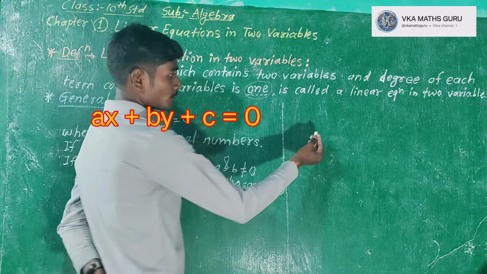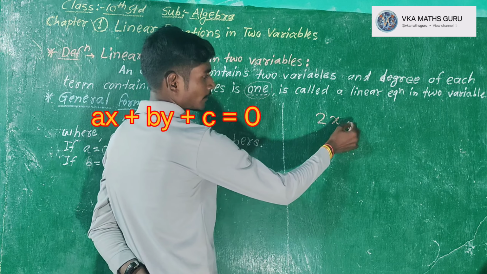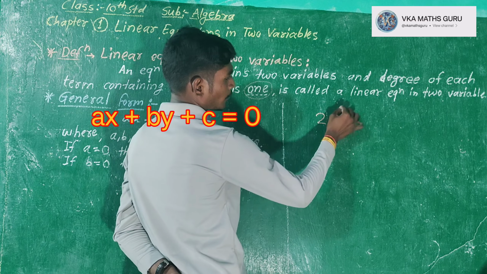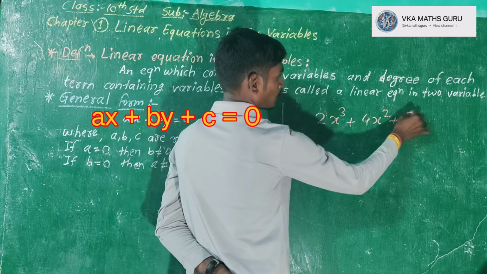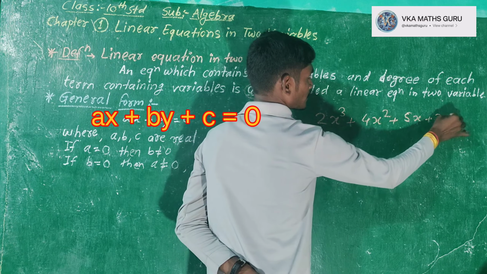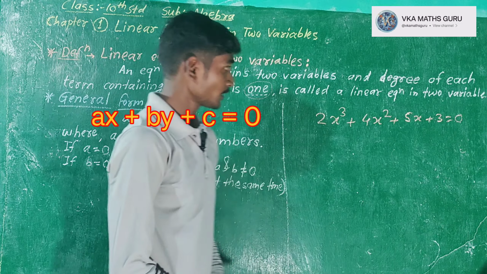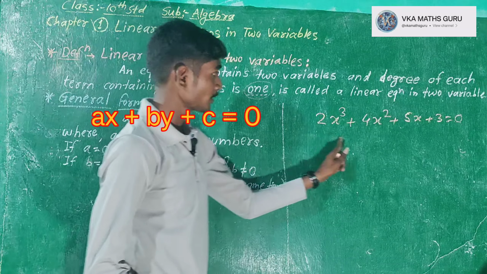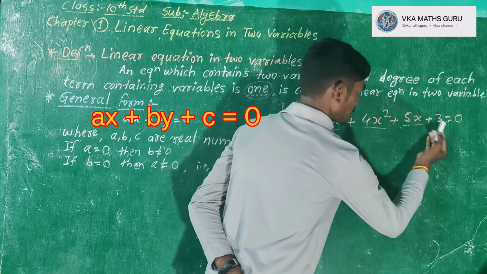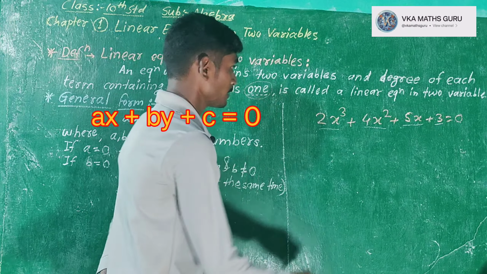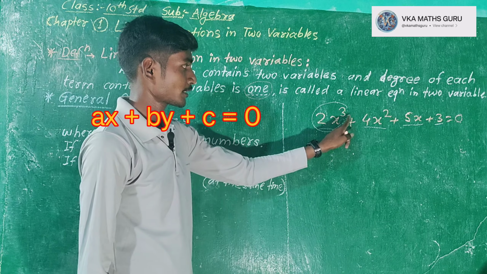That means what? Suppose we have the equation 2x cube plus 4x square plus 5x plus 3 is equal to 0. This is a general equation. Now in this equation there are four terms. In the first term we can see 2x cube.